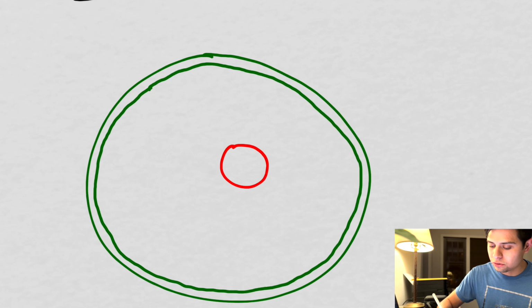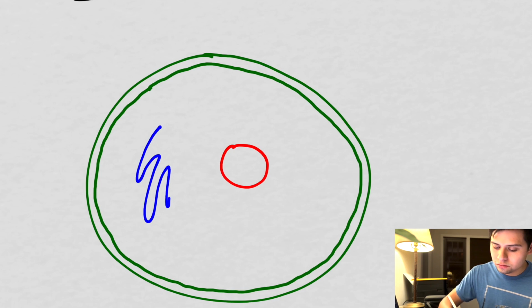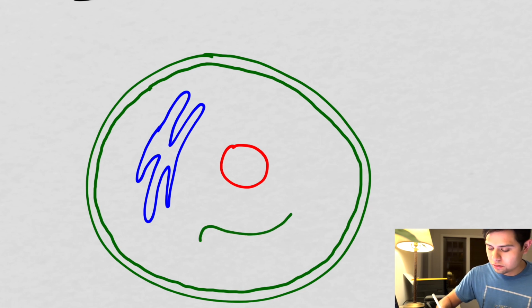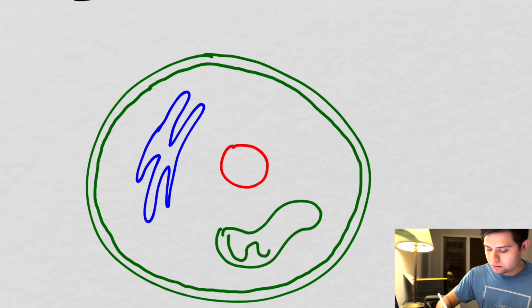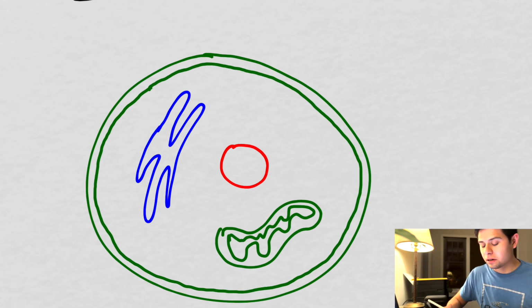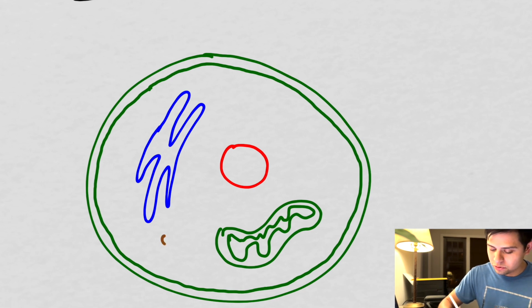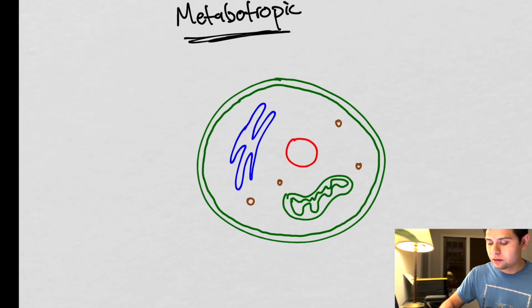We have the nucleus, we have, say, the Golgi, we have our mitochondria. Ooh, that's a big mitochondria, I don't like that. There's our mitochondria, and say we have some other organelles like lysosomes, and we can draw all the organelles.